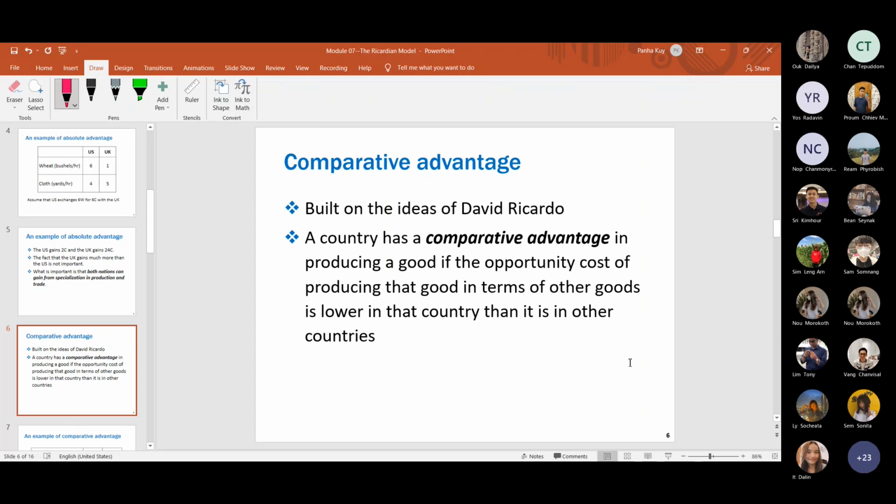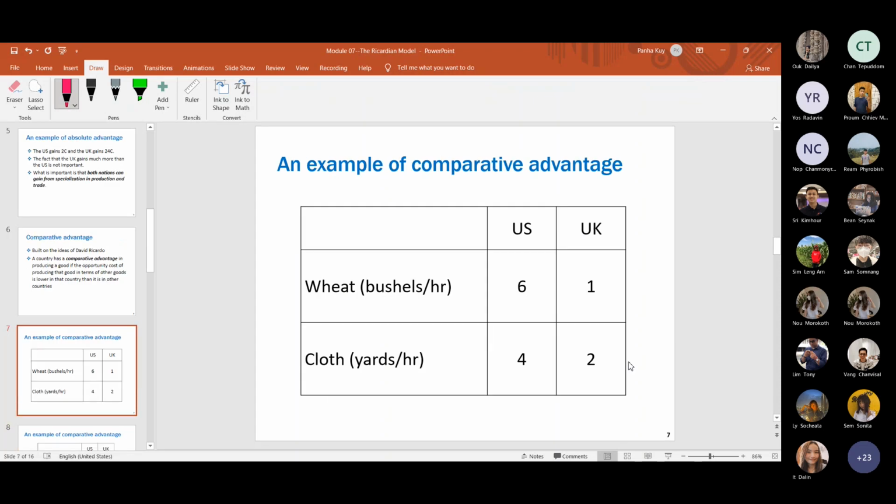See that we compare the opportunity cost. Like I discussed earlier with the example of potato and meat, when two parties are producing both goods, we need to compare the opportunity cost, and then we can realize the comparative advantage.